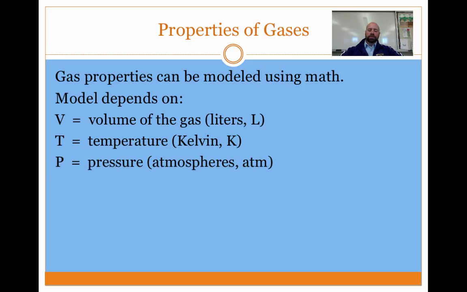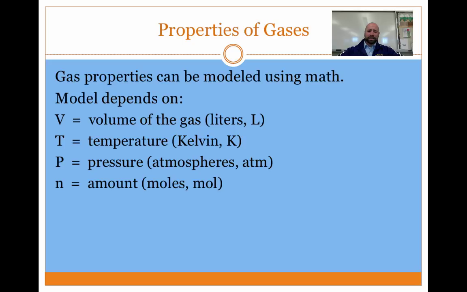The third variable is going to be pressure. The unit we're going to associate with pressure is atmospheres, and you're going to see it abbreviated ATM. We'll talk about a couple more units coming up. The last variable we're going to use to model our gases is the amount of a gas. Think back to the balloon when I was counting all those purple little gas molecules.